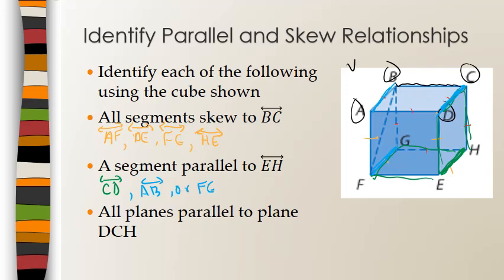And I think that's all that would be parallel to EH: AB, CD, and FG.